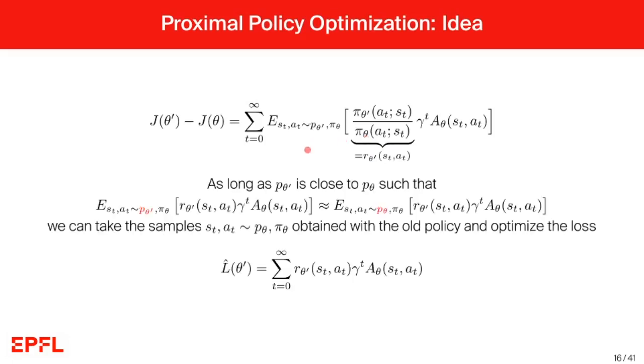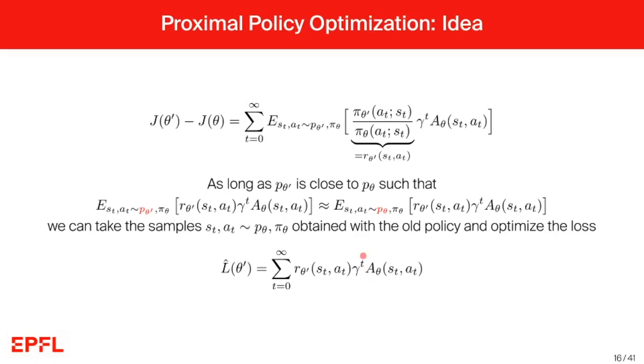Now, as long as pi theta prime is close to pi theta, such that this expectation here is actually close to the expectation under the old policy, we can take the samples that we obtained with the old policy and just optimize this new loss here, which is basically the ratio between the probability of an action under the new policy divided by the probability of an action under the old policy times the future discounted advantages.